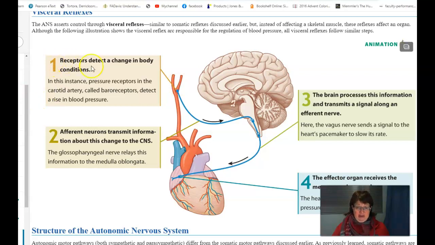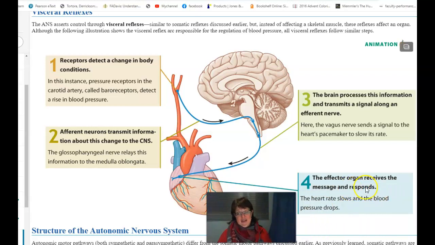So you still have a receptor, sensory message, efferent message, and I guess the efferent nerve is not necessarily a motor nerve. It's just an efferent nerve that takes it away. And then that will cause a drop in the blood pressure. So since somatic ones have to do with bones, joints, and skin, and visceral have to do with the guts.